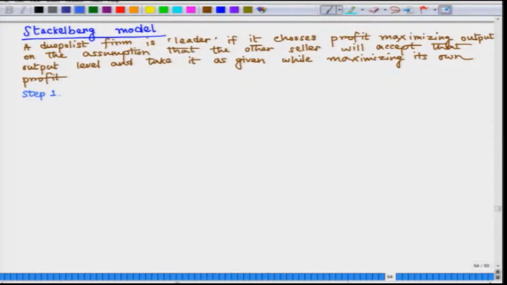Okay. So, while solving the Stackelberg model, the first step would be to work on firm 2, which is the follower's, optimization problem.